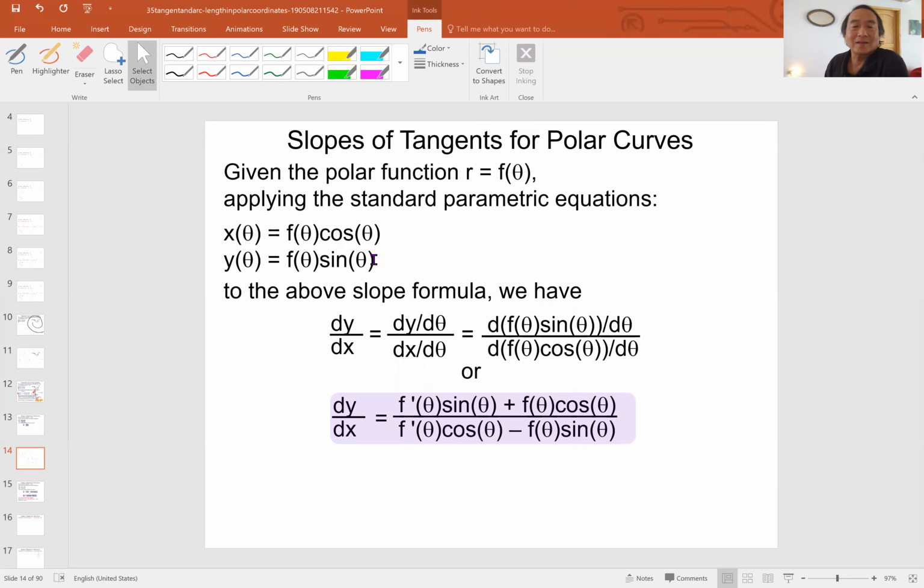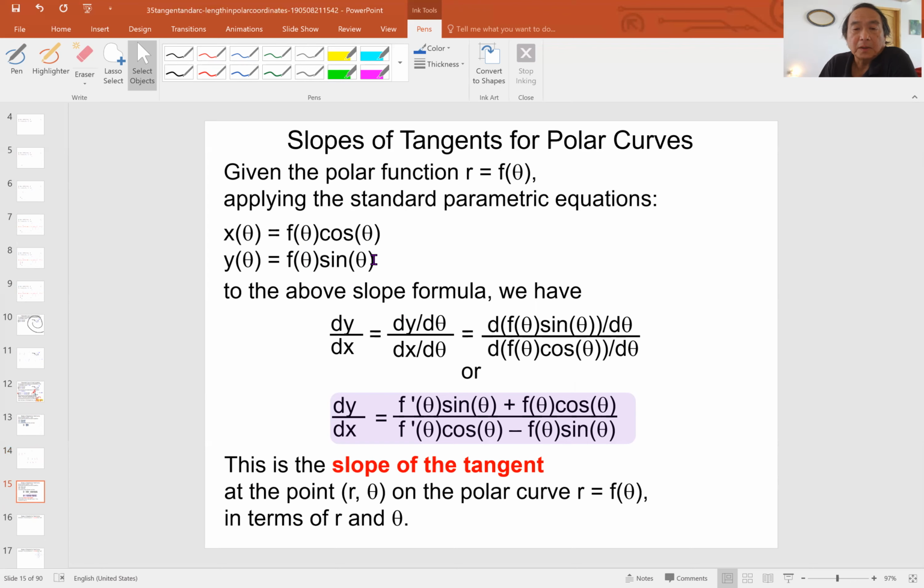So I take the derivative dy dx, which is the ratio of the two, the rise over run of the tangent line, in terms of the angle theta and the distance formula r, and it is given by this formula. This is the slope of the tangent line at the point (r, theta) in polar form.